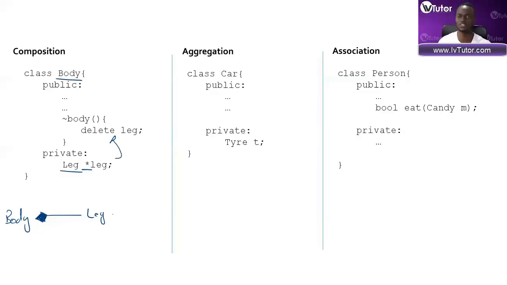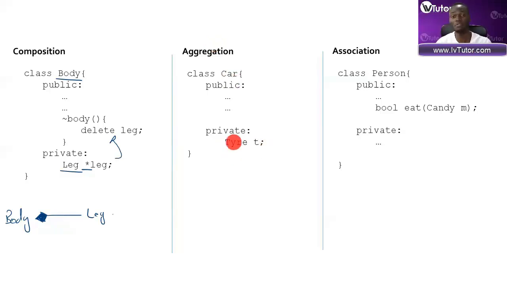Now let's talk about aggregation. Aggregation means your class contains an object, but it's not responsible for controlling the lifetime of that object. In this case, it's not a pointer. If it's not a pointer, it's not up to this class to delete this object. Your compiler will control that, or some other object sitting somewhere. So in this case, we say it's an aggregation relationship. We are saying, yes, our car has a tire, but a tire can exist without a car.